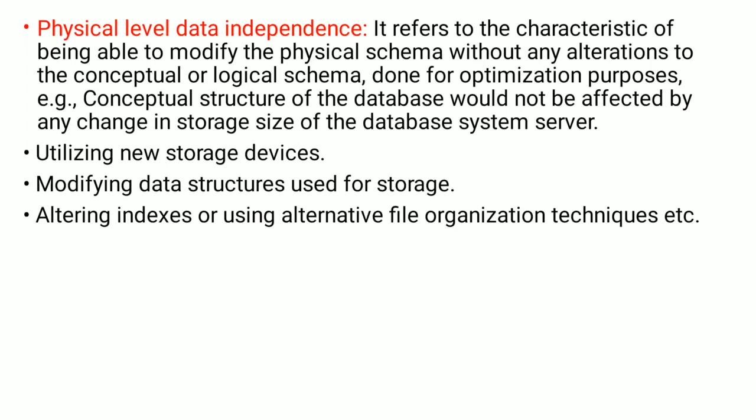For example, the conceptual structure of the database would not be affected by any change in storage size of the database system server, utilizing new storage devices, modifying data structures used for storage, and altering indexes or using alternative file organization techniques. This is all about physical level data independence.